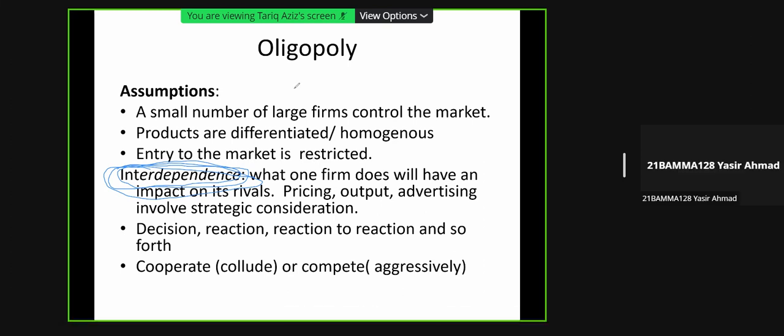So what happens? First, one particular company decides something. This decision invokes a reaction from the competitor. And when the competitor reacts, the original starter, the company that took the initiative, will react to the reaction of the competitor.